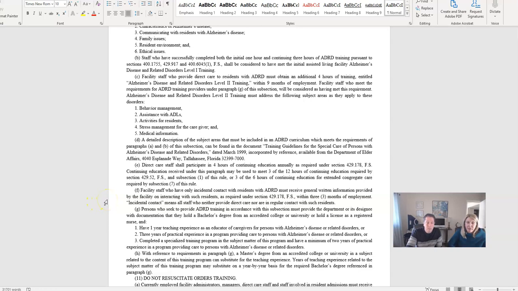G. Persons who seek to provide ADRD training in accordance with this subsection must provide the department or its designee with documentation that they hold a bachelor's degree from an accredited college or university or hold a license as a registered nurse, and 1, 2, and 3 just tell the general experience. Not a test question, just review it.